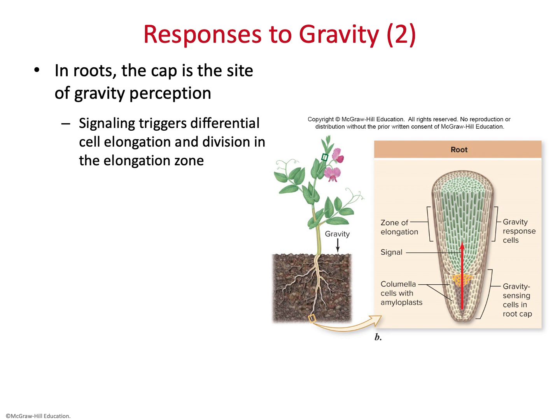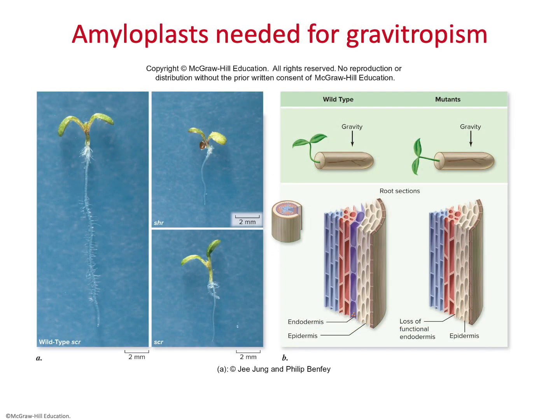The signal is received by the root cap cells, and the cell differentiation happens in the zone of elongation in the root. How the signal is sent from the root cap cells to the elongation zone is a question scientists are currently trying to answer.